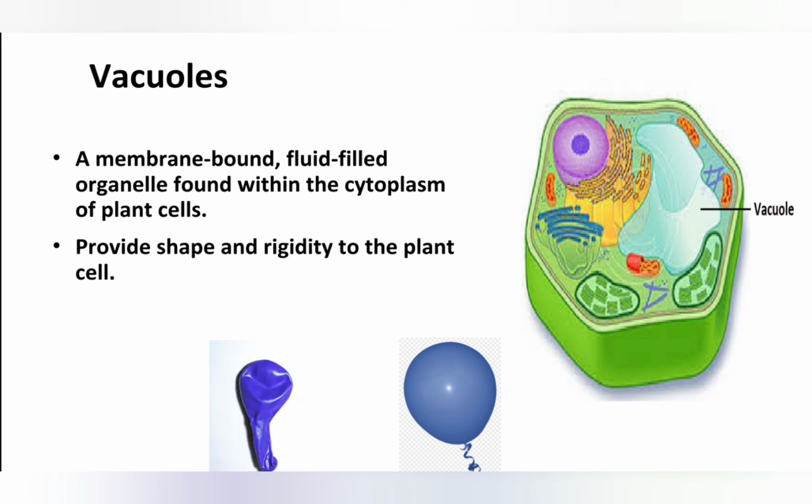Suppose you take a green leaf and a yellow leaf, which one is more rigid, which one is more tough? Definitely the green one is more tough, and the yellow one you can easily break, right? The green one has a vacuole with water, whereas in the yellow leaf the vacuole has lost water, the cell has died. So the vacuole has water which gives a particular shape to the plant cell.